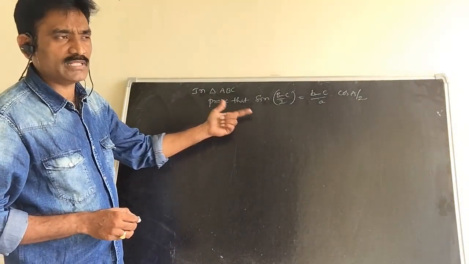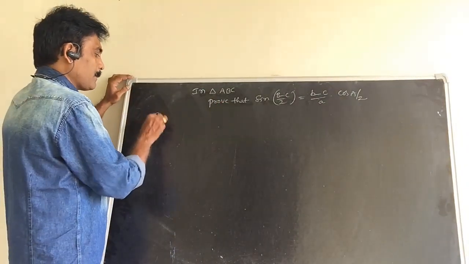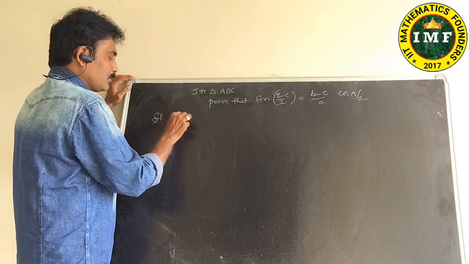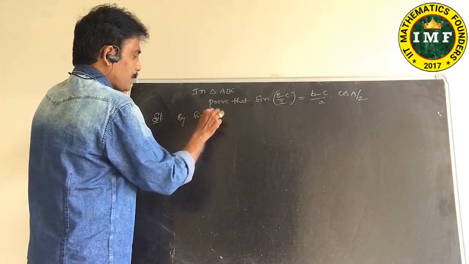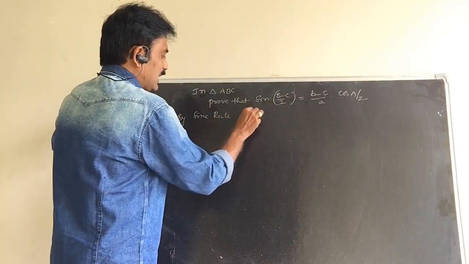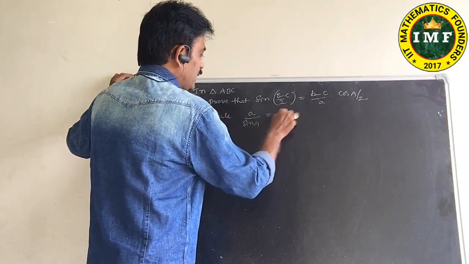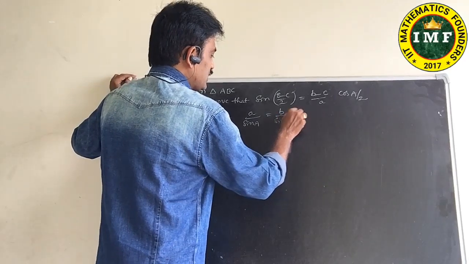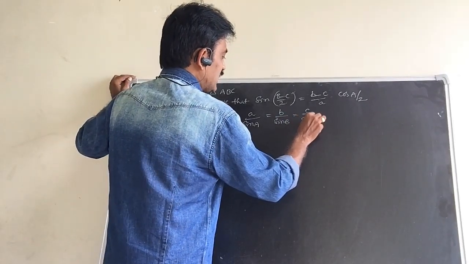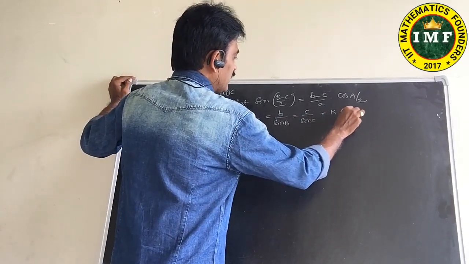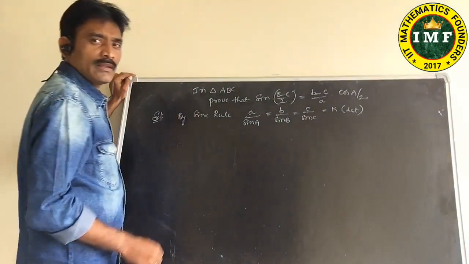To prove this, I am using the sine rule. By sine rule, a by sin A is equal to b by sin B is equal to c by sin C. I am equating each one with k.